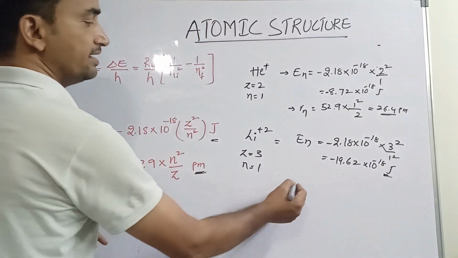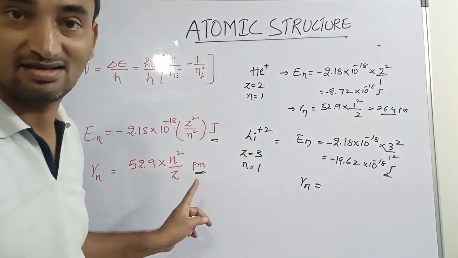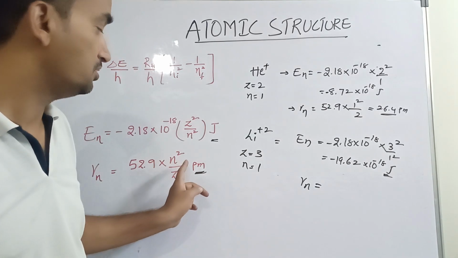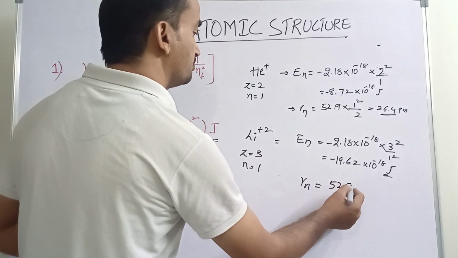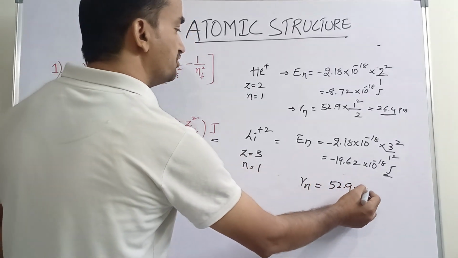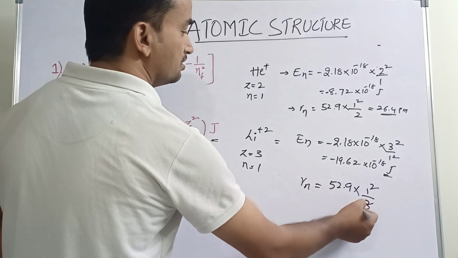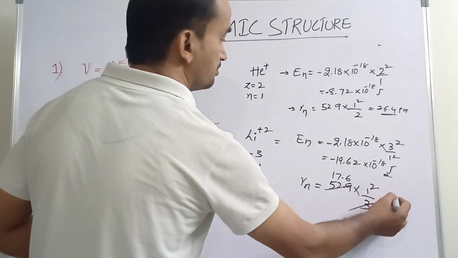Now for radius Rn, the direct formula is there in the NCERT textbook: 52.9 into N square by Z. So 52.9 into N, that is 1 square, by only Z, that is 3. So here you may get 17.6 picometers.